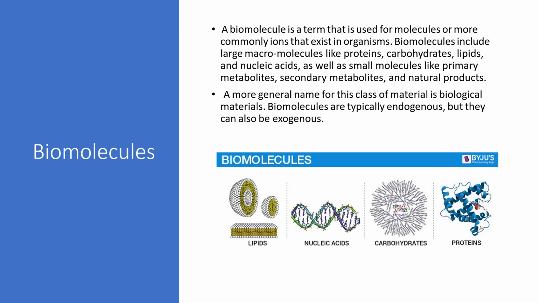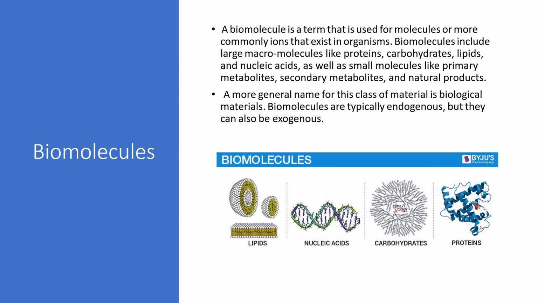So let's look at biomolecules. A biomolecule is a term that is used for molecules, or more commonly ions, that exist in organisms. Biomolecules include large macromolecules like proteins, carbohydrates, lipids, and nucleic acids, as well as small molecules like primary metabolites, secondary metabolites, and natural products.